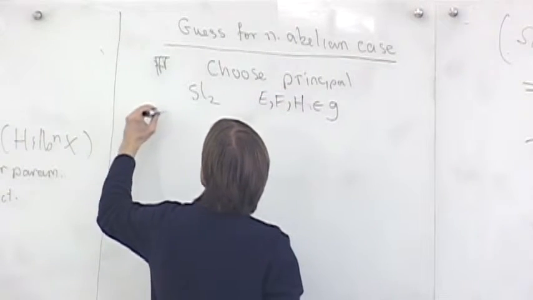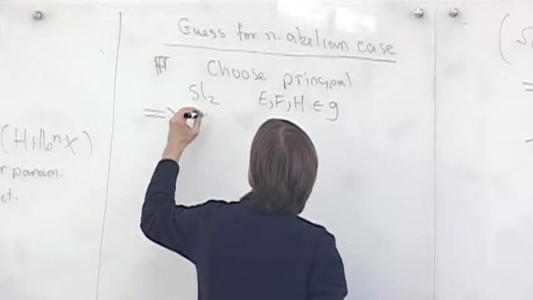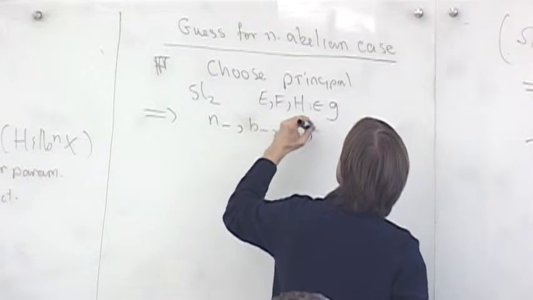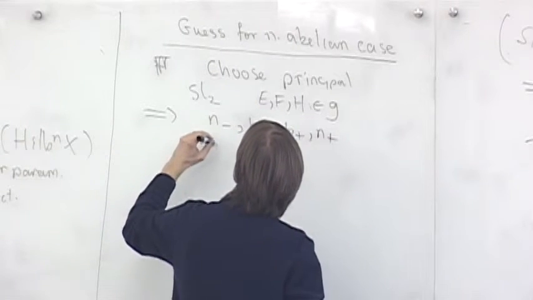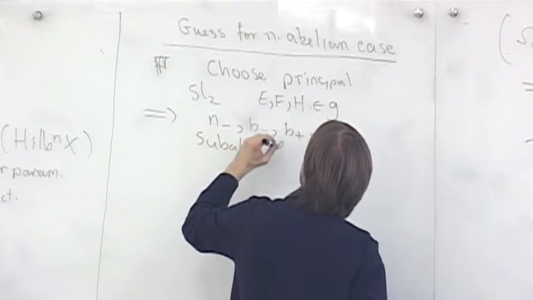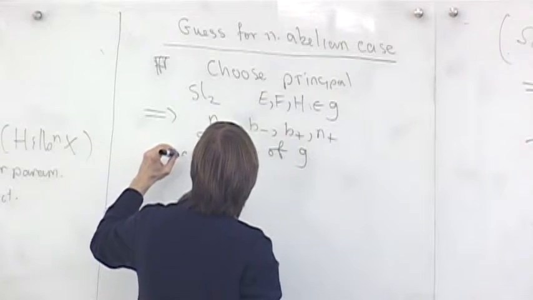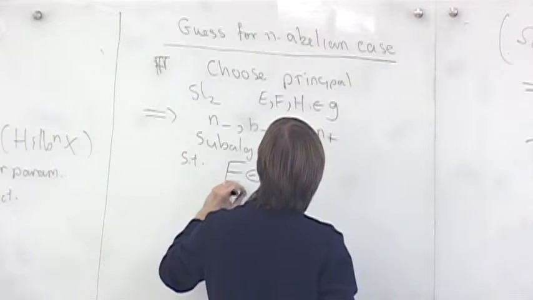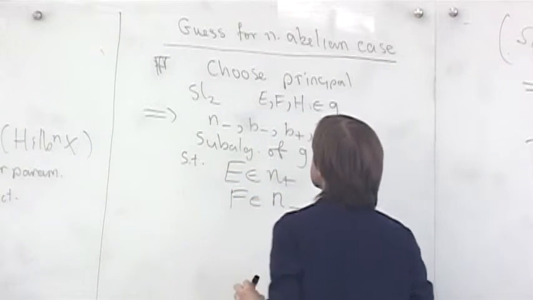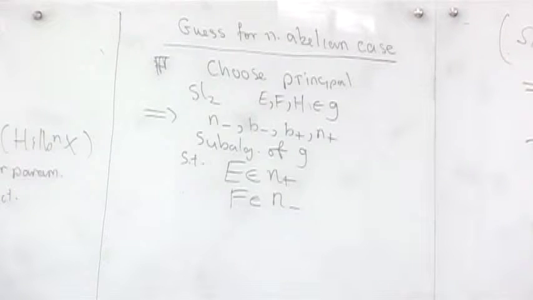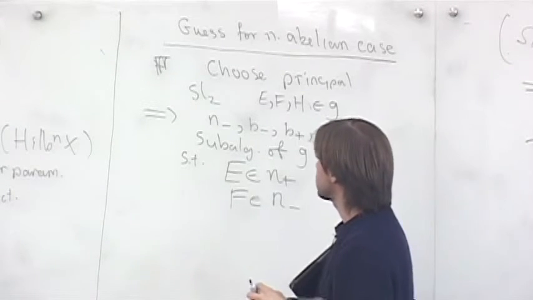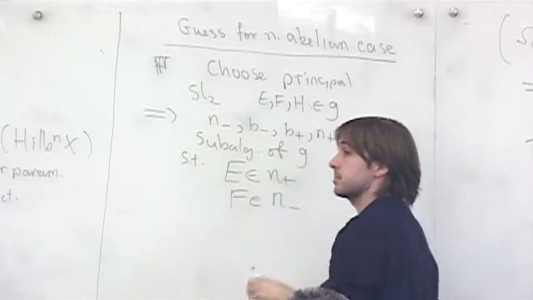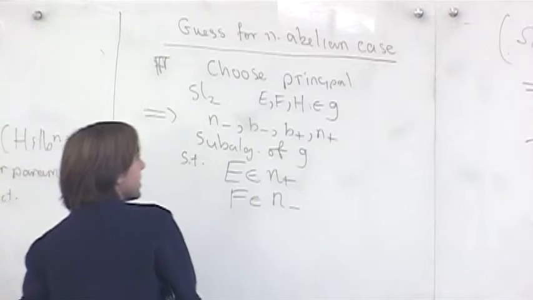So this implies a choice of decomposition of g into negative nilpotent elements, Borel subalgebras b minus, b plus, and n plus, n minus subalgebras of g such that E is in n plus, F is in n minus. Okay. So this decomposition is just according to the weights of H. It's a principal SL2, so that's what we get, this kind of thing.